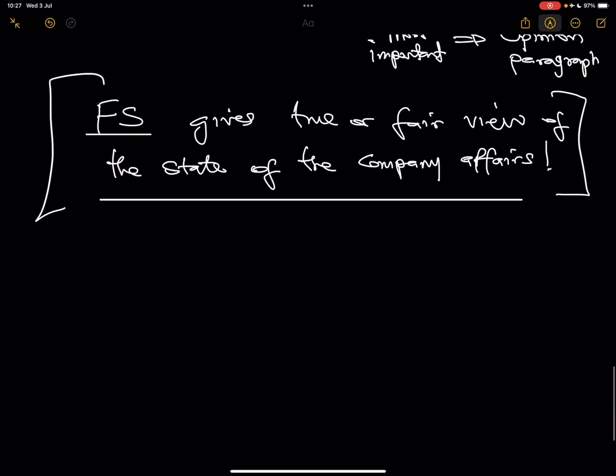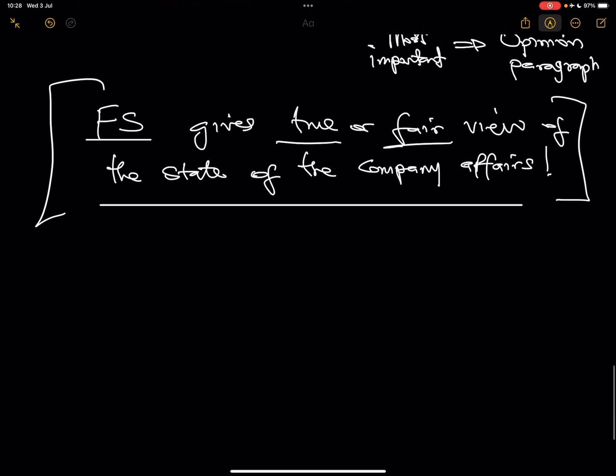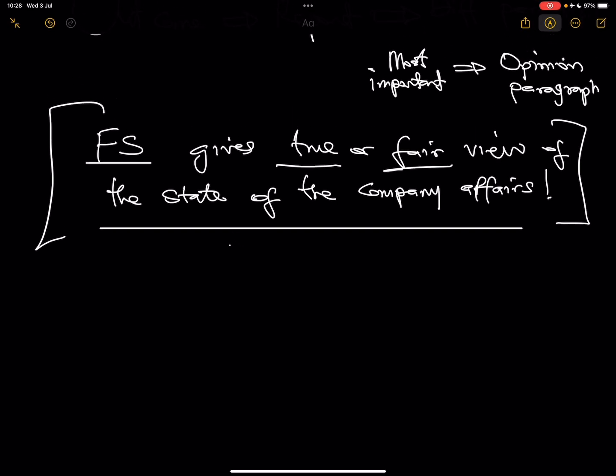But what is the meaning of true? What is the meaning of fair? It's just about error. You are saying there's no bias when it is fair. You are saying there is no material error, no related party manipulations, and this opinion is given in materiality. It's material items that are looked at to give this opinion.